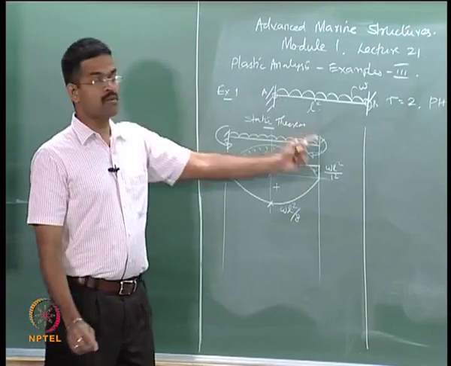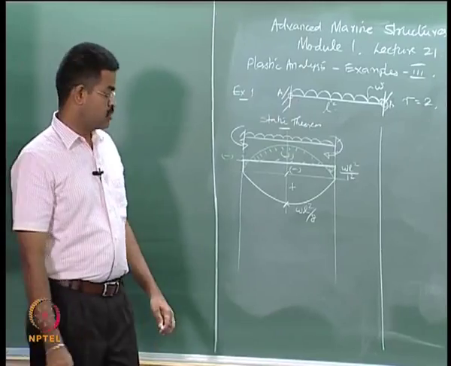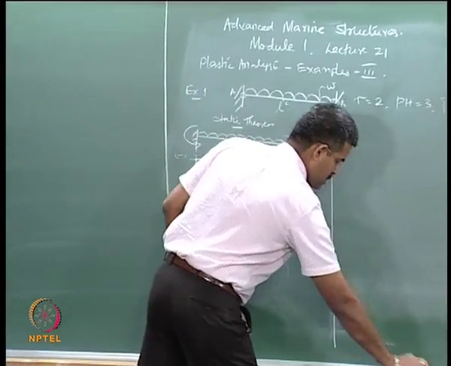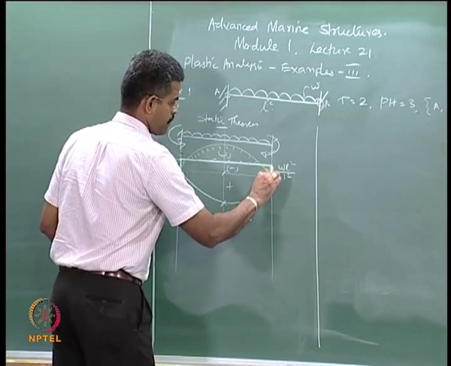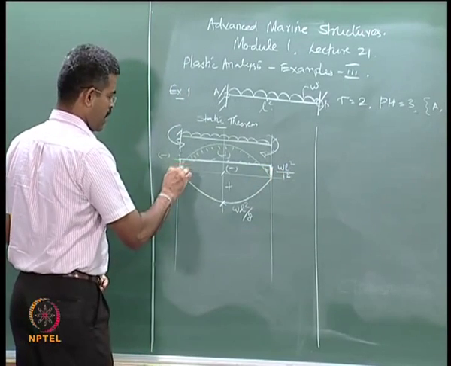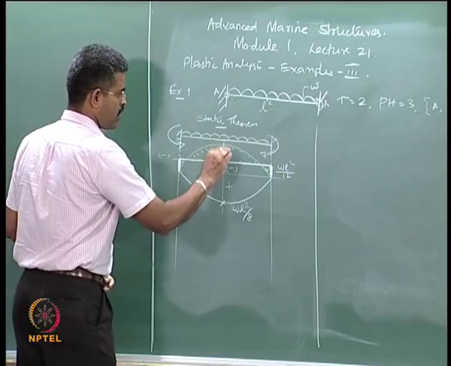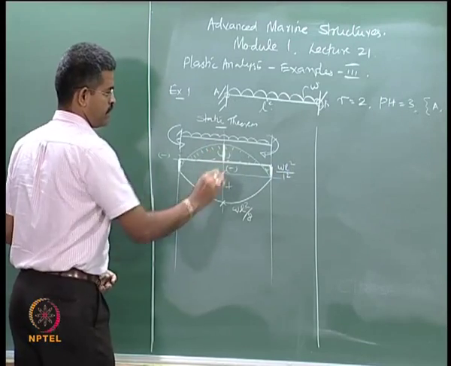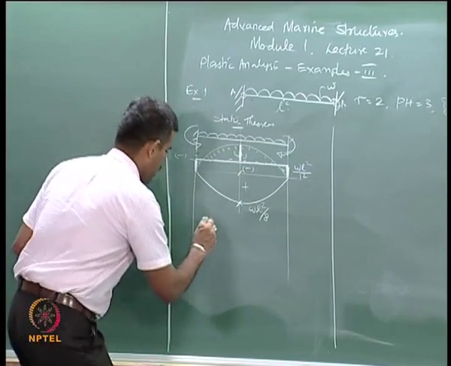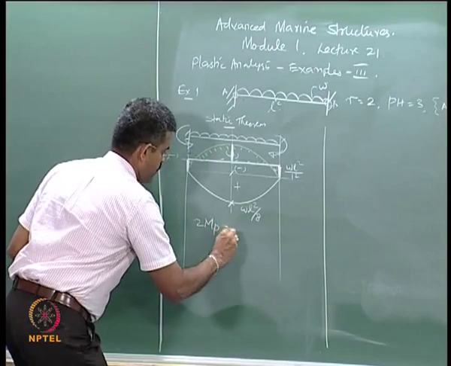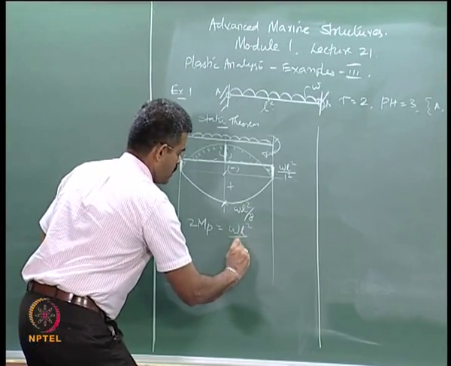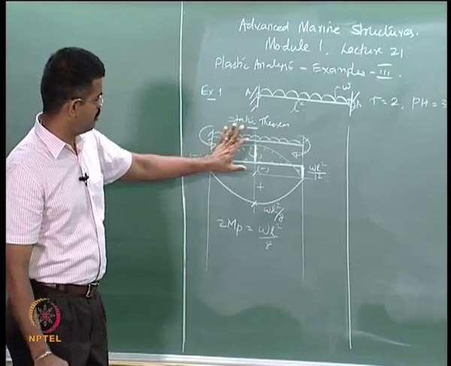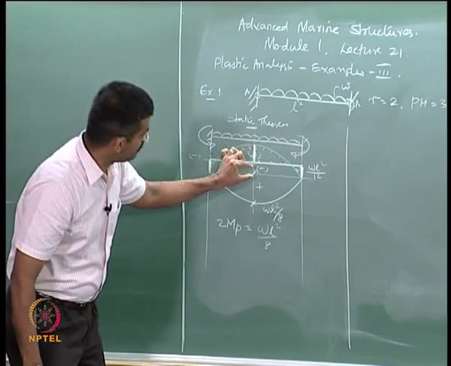So, this is the net bending moment diagram here, is it not? The possibilities of plastic hinges in these sections are the following: one I can have here, one I can have here, and one I will have at the center, is it not? So, I should say 2 MP is equal to WL square by 8, is it okay? Because this is WL square by 8, this is 1 MP, this is another MP.